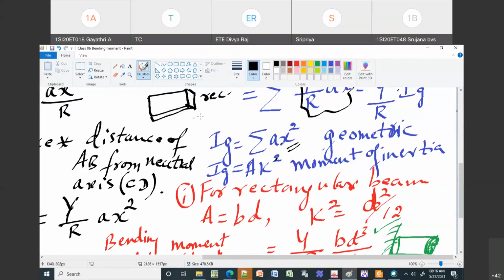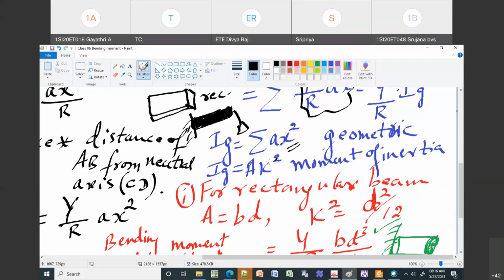Instead of a rectangular beam, you can take a solid cylinder like some pipe, a solid pipe which is completely filled. This is also a beam. You fix this end and then you apply the load on the other end. Then it becomes your cylindrical beam.